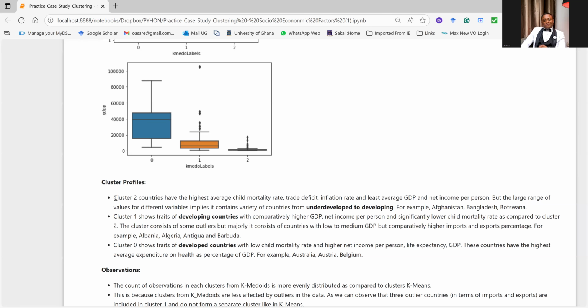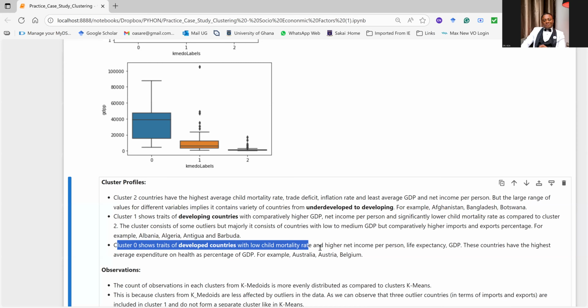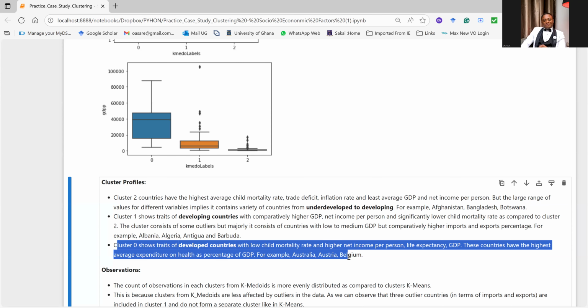The conclusion here is that cluster 0 has the highest average level, everything that we said. Cluster 0 shows traits of developed countries with low mortality and all of that, countries such as Australia, Austria, Belgium, and all of those.